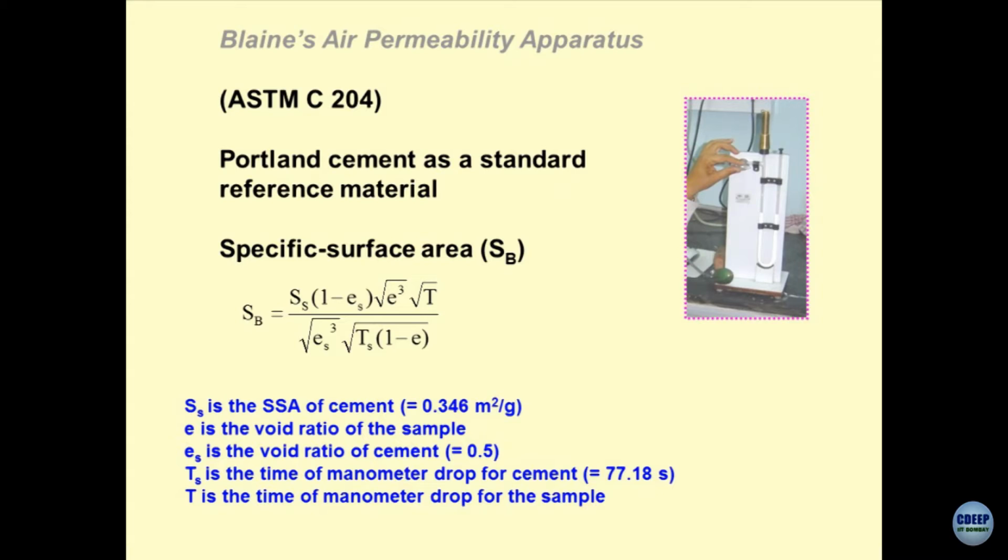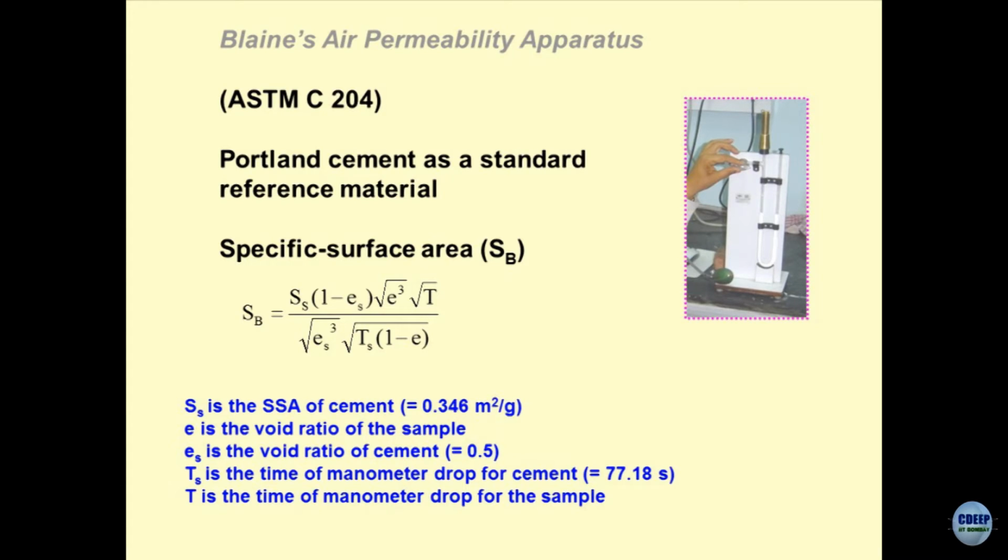So, if I create a sample at a given void ratio, and ES is the void ratio of the specific material which is being used as the standard material, ES is the standard material, which is normally cement, PPC or OPC. T is the time which is taken by manometer to drop when the sample is used, and TS is the time taken by the standard sample to drop certain amount of air through it.